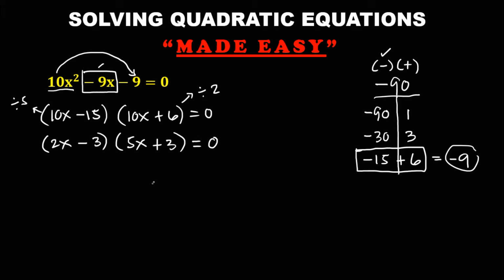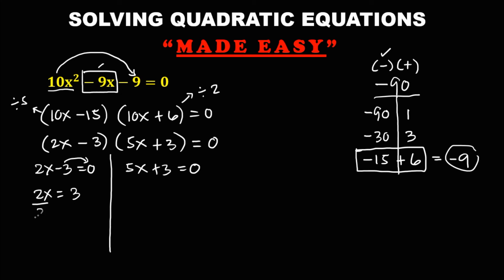Then this time we can solve for x, so equate all the factors to 0. So we have 2x minus 3 equals 0, and 5x plus 3 equals 0. Then to solve for x, 2x equals transpose positive 3, then divide by 2.